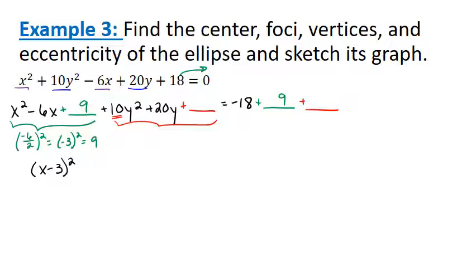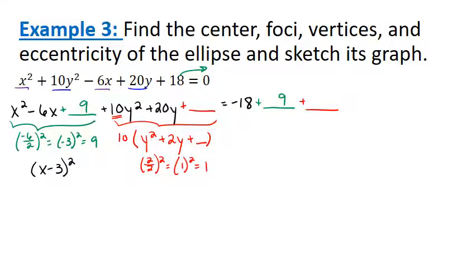So I need to factor that out and rewrite this: 10 times y squared plus 2y plus 1. Well, sorry, we don't know our special number yet. So let's find our special number. In this case, we take 2 divided by 2 squared, which is 1 squared, giving me 1.